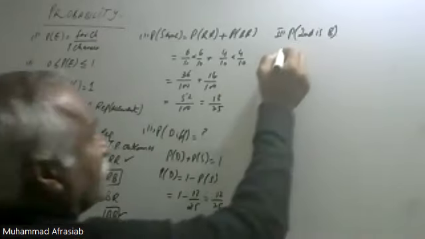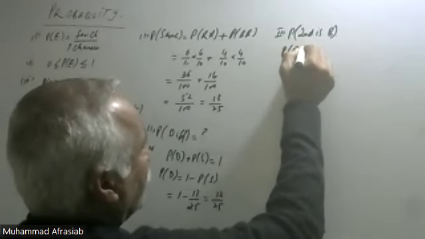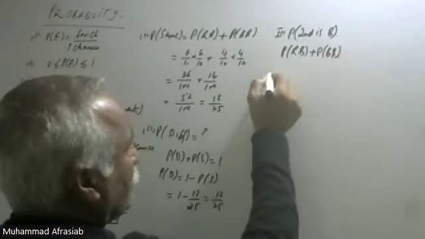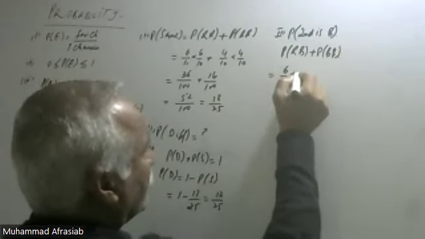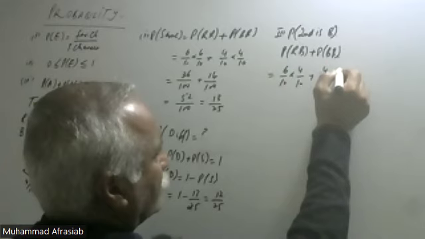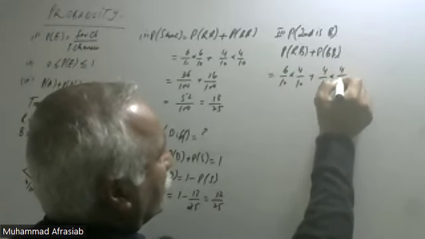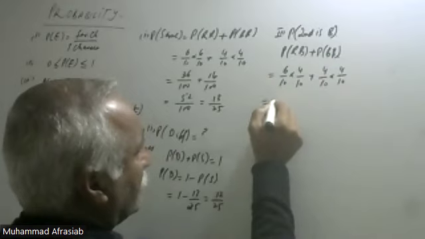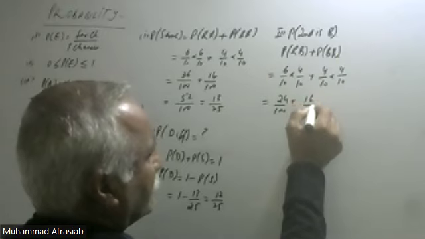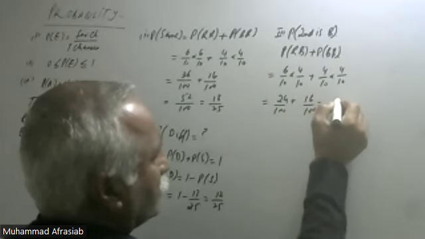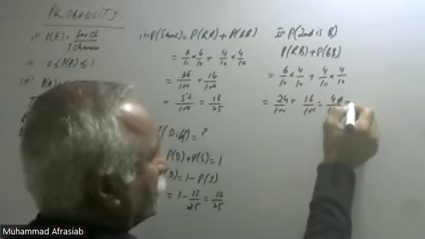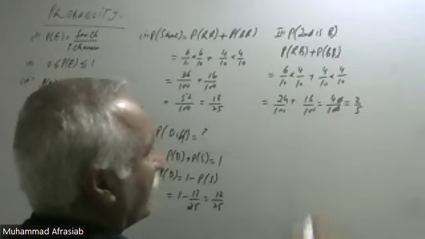So we can write this as probability of red with blue and probability of blue with blue. That is 6 out of 10 into 4 out of 10 plus 4 out of 10 into 4 out of 10. So it is 24 over 100 plus 16 over 100, which is equal to 40 over 100, which is 2 by 5.